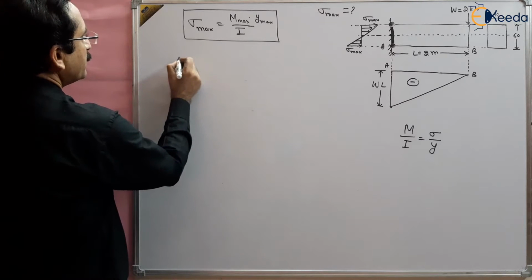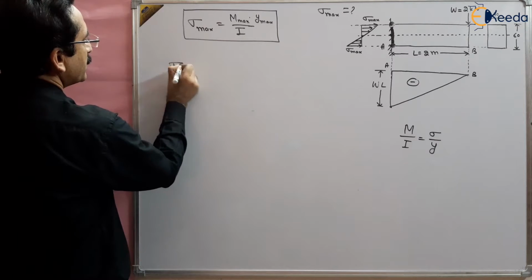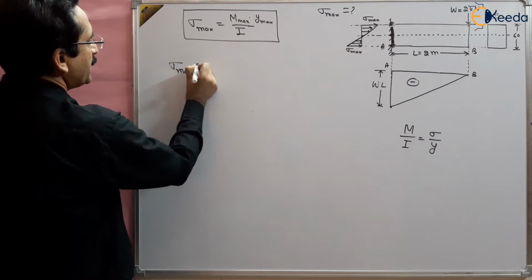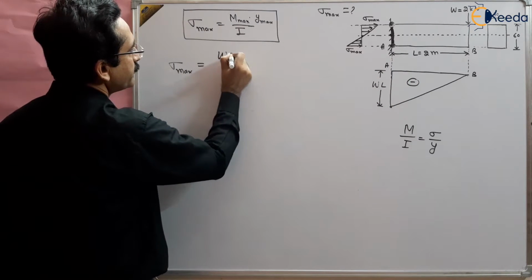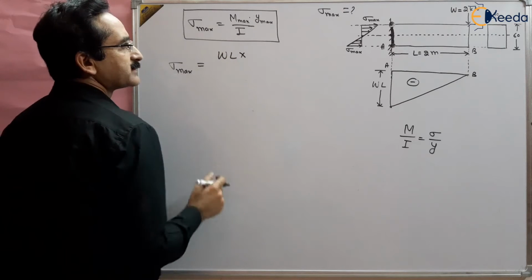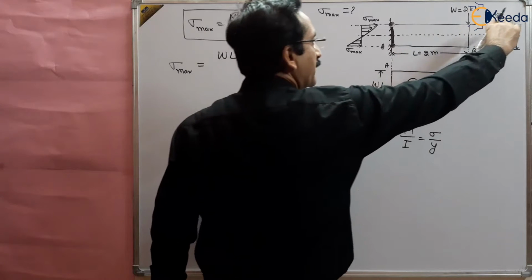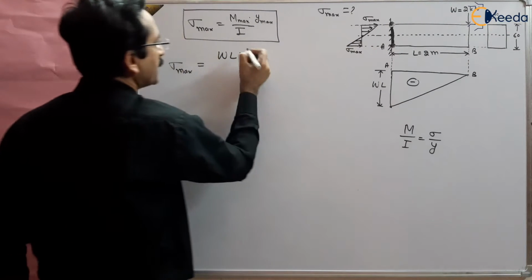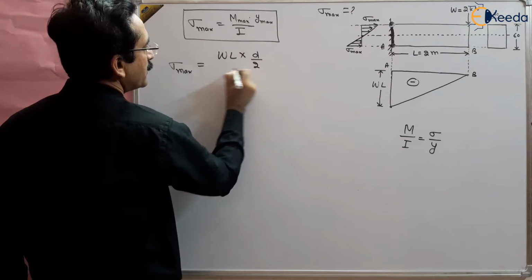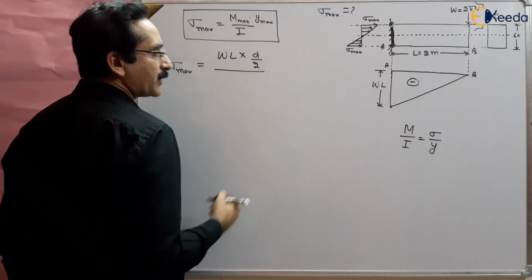So sigma maximum we will take M is WL, multiplied by y max. Y max is basically d by 2, the maximum fiber distance from the neutral axis, where d is 60 mm.